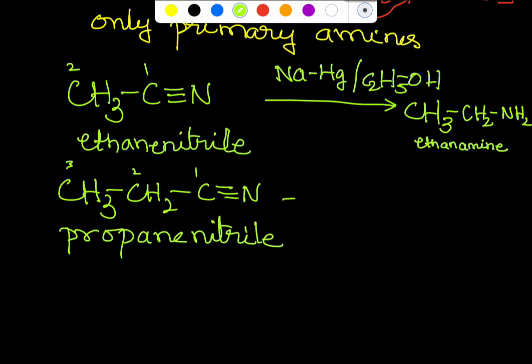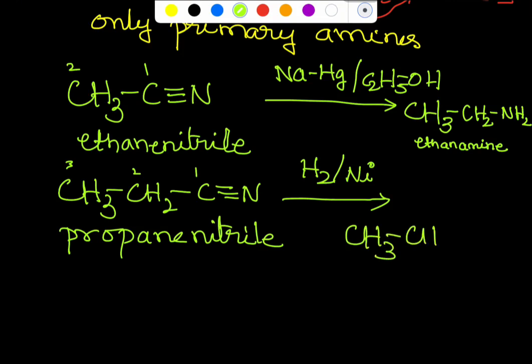Subject it to reduction, either catalytic hydrogenation or sodium amalgam. That gives a primary amine, CH3CH2 with the C becoming CH2 and the N becoming NH2.